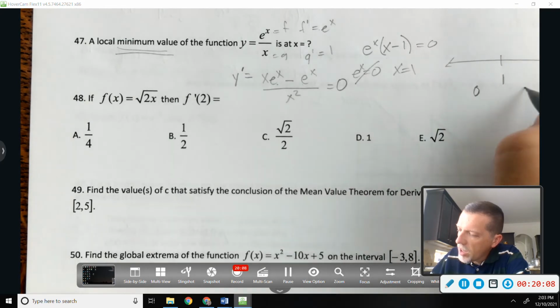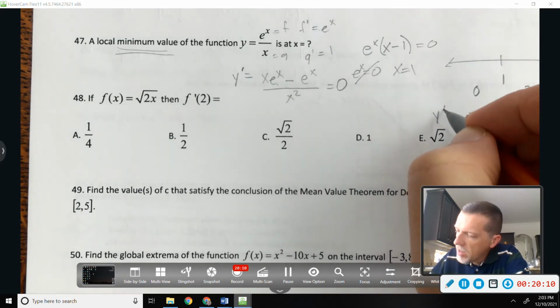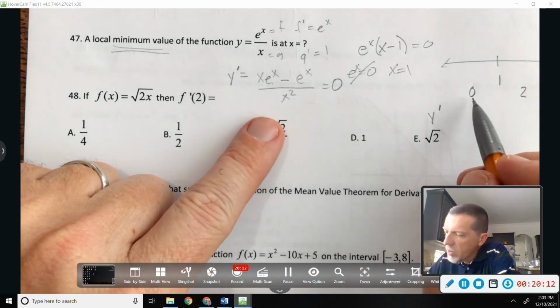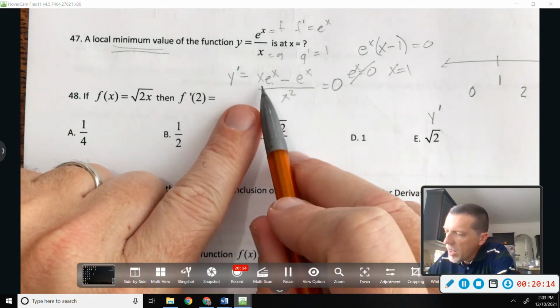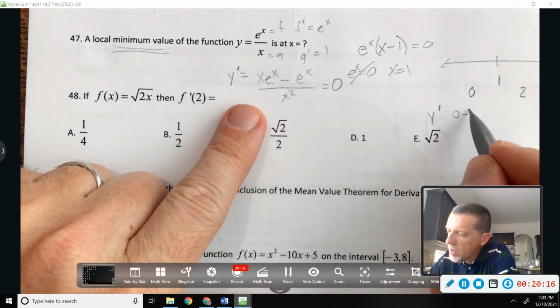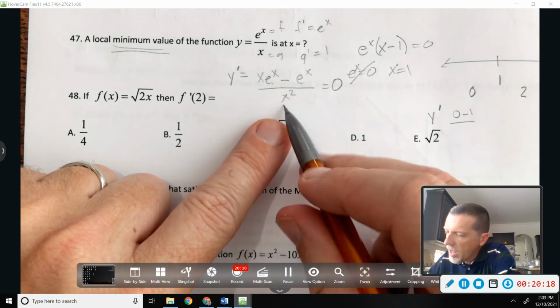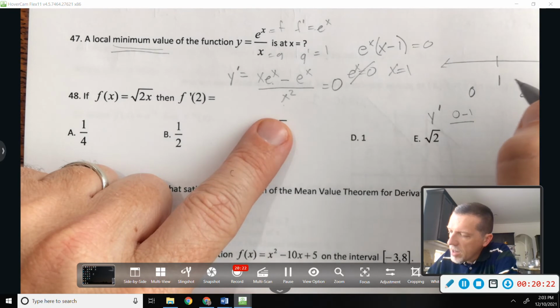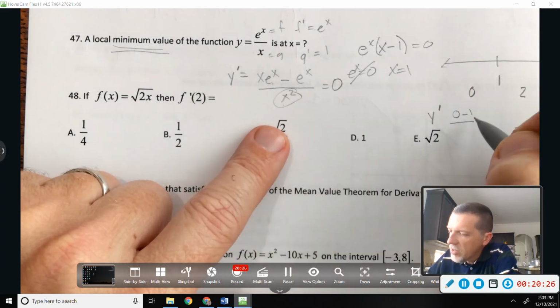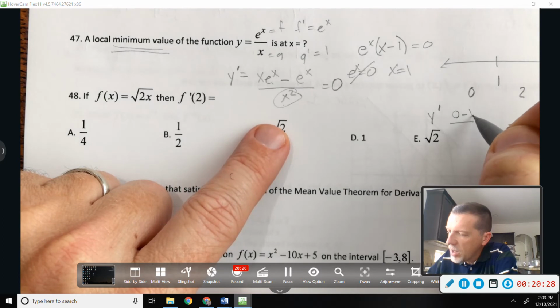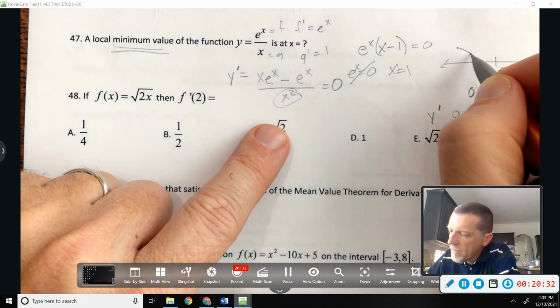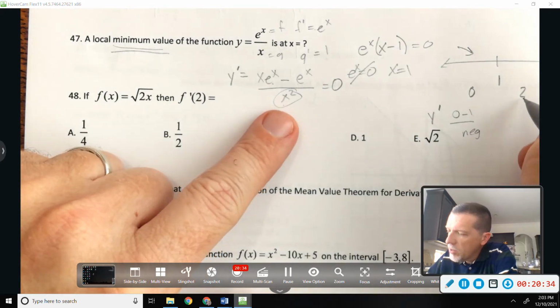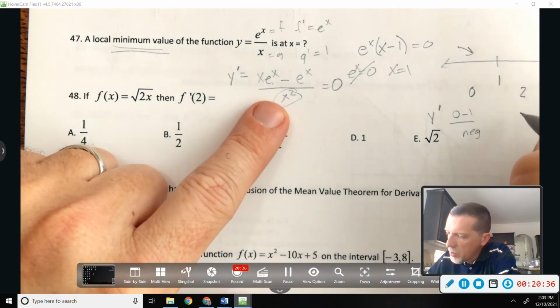So let's check left and right. So if I plug in 0, I get 0 minus 1 over, can't plug in 0. Yuck. Well, the bottom's always going to be positive, so I think I can say that this is going to be negative. I plug in 2 to the derivative.